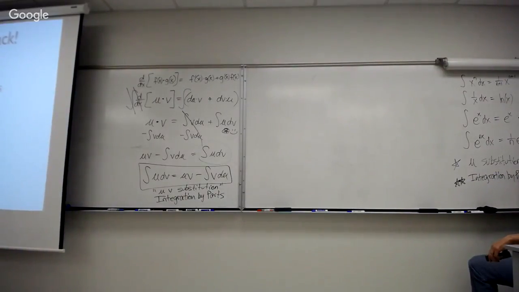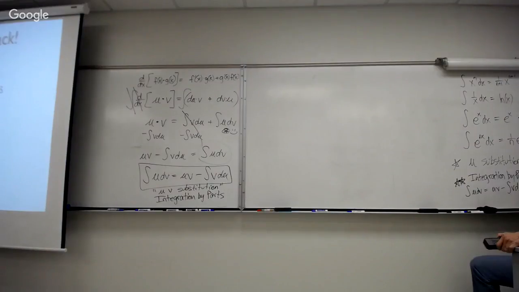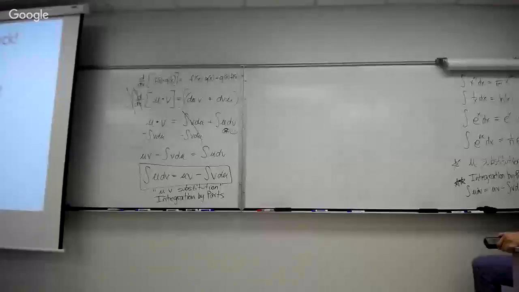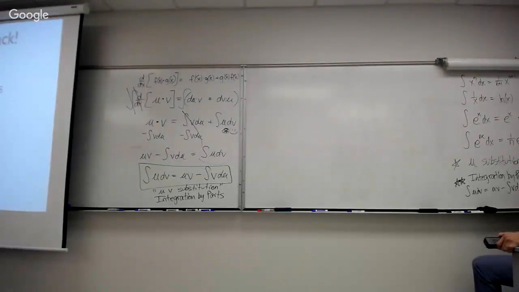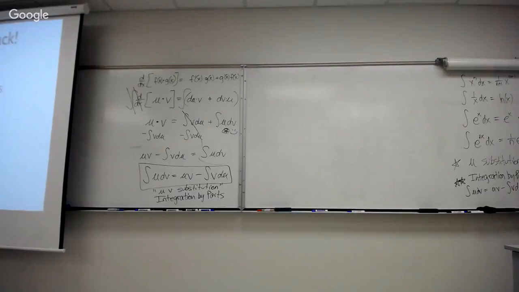And the formula is the integral of u dv is equal to uv minus the integral of v du. And technically that is the backwards product rule, it's going to tell us what something was before you took the derivative of a product.